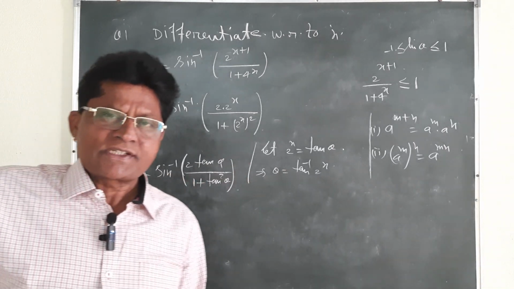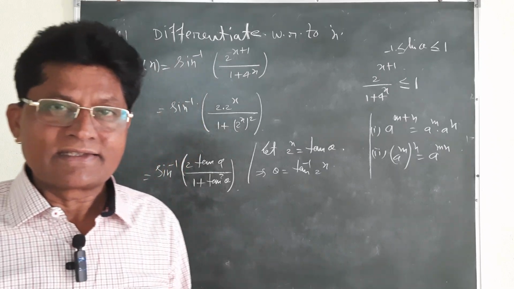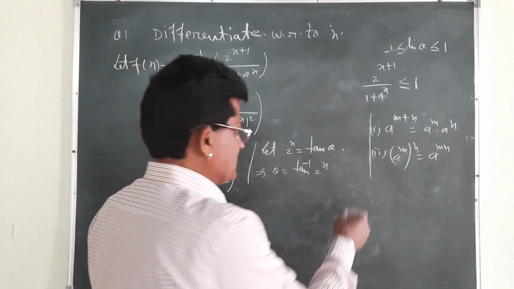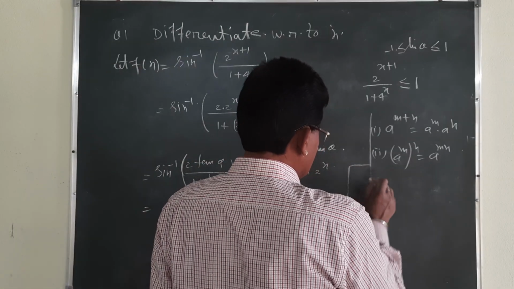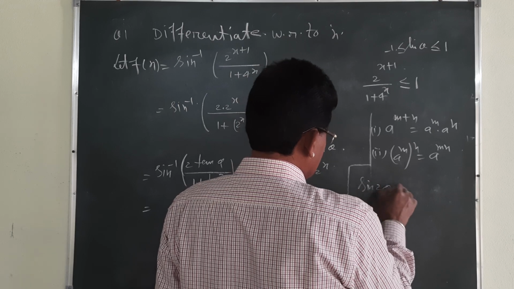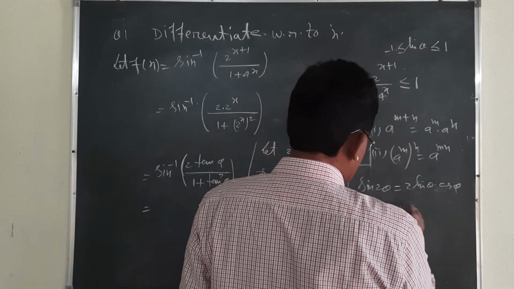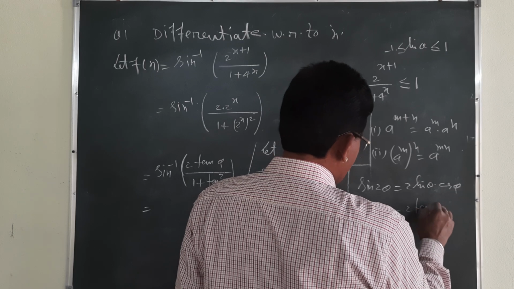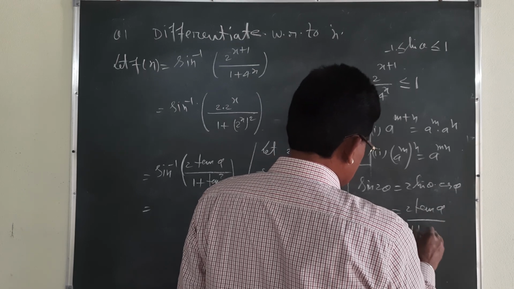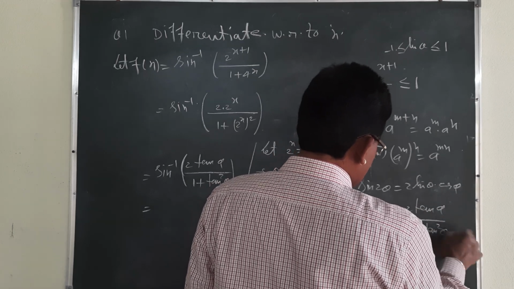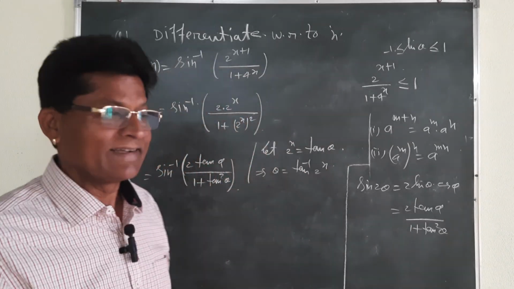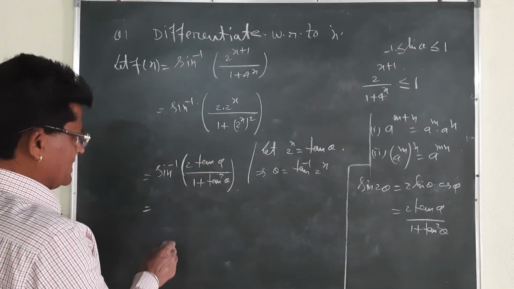As I told you, you must know all the trigonometrical conditions. And what is the formula? Sin 2 theta is equal to 2 sin theta into cos theta. And another formula, 2 tan theta upon 1 plus tan square theta, that is also equal to sin 2 theta. Similar kind of theta I am taking here.